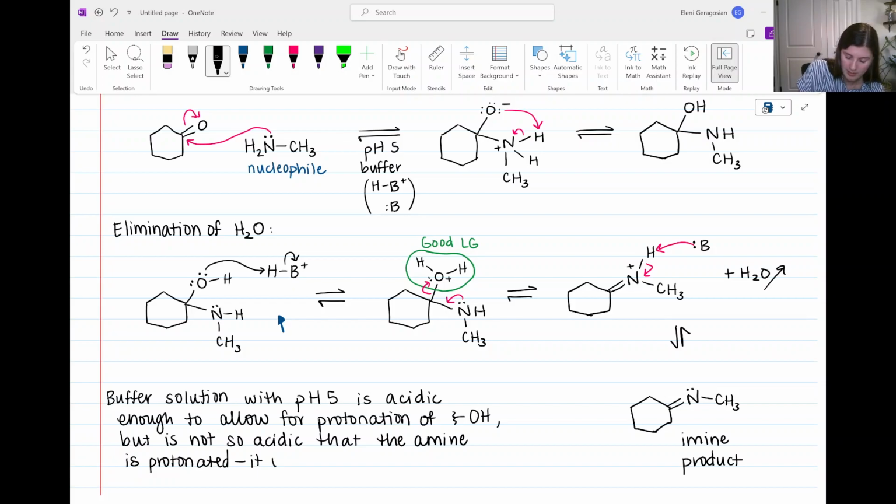If this occurred, the amine would lose its nucleophilicity.